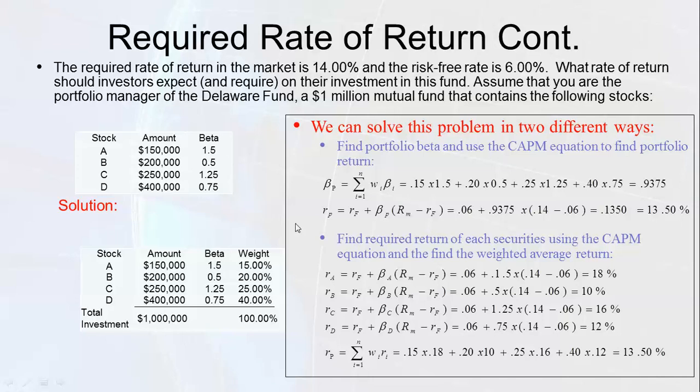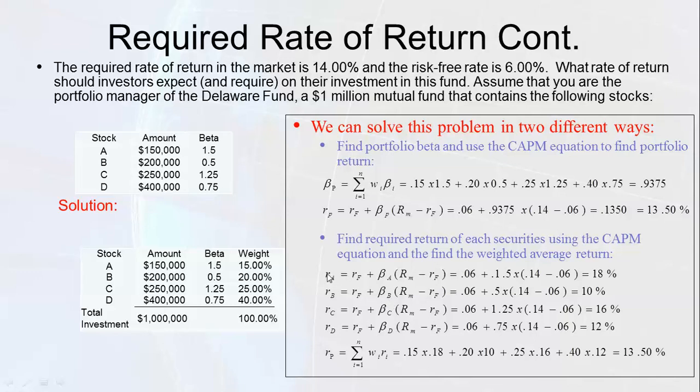Okay, so basically portfolio beta is the weighted average beta. Once you find the portfolio beta, just use the CAPM equation and use the portfolio beta to get the portfolio return. So the required rate of return on this portfolio is 13.5%. Okay, if you want to use the longer version, that's fine.